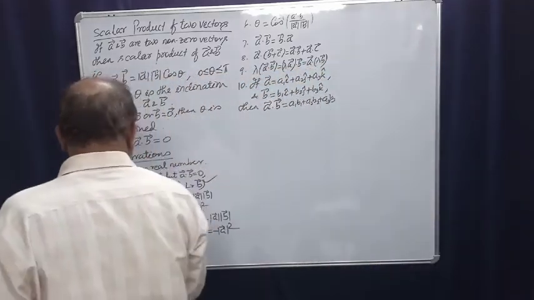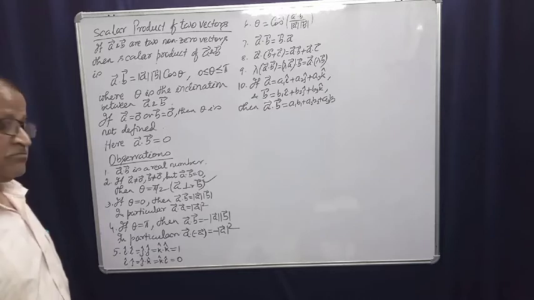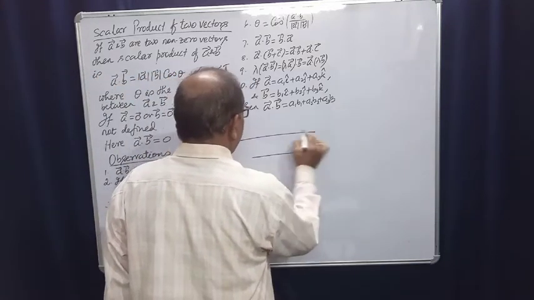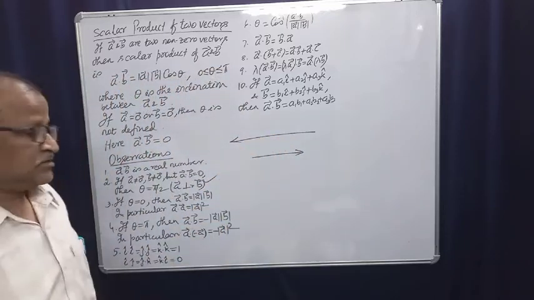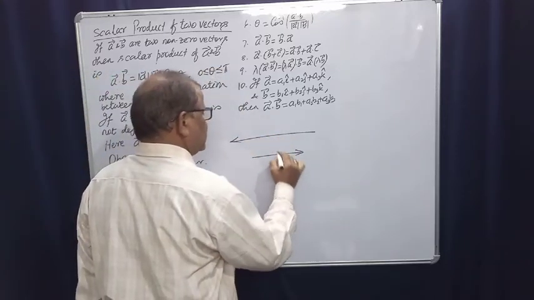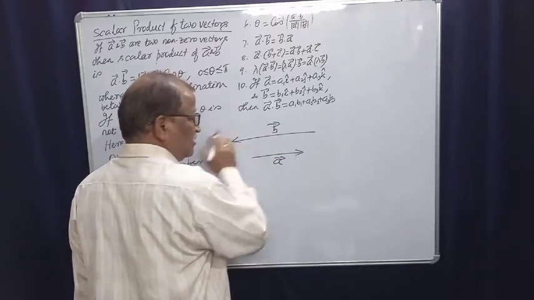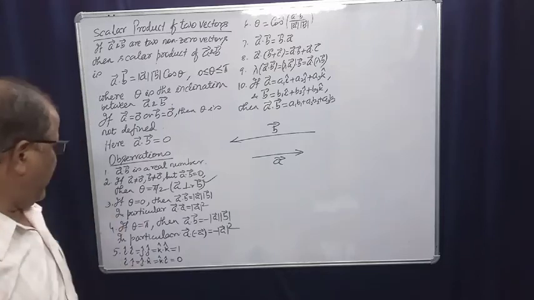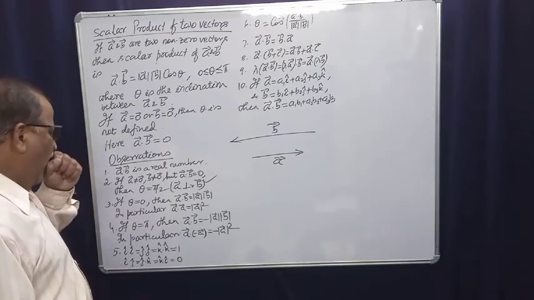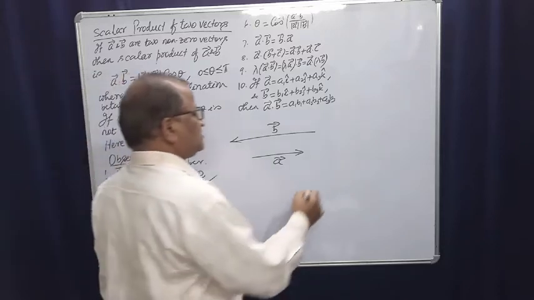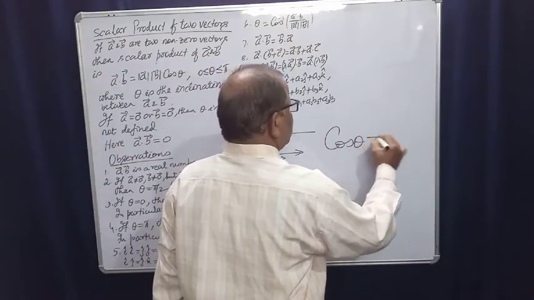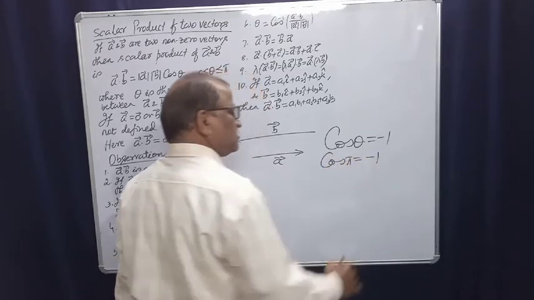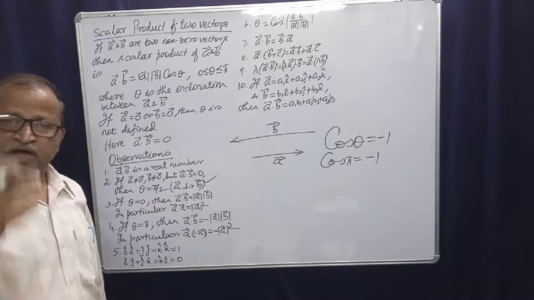Next is if theta is equal to pi. When theta is pi, the direction of the two vectors will be opposite like this. Suppose it is A, this will be B, then the inclination between them will be pi. Here cos theta will be what? It is -1 because cos pi is -1. Cos 0 is 1, cos pi is -1.